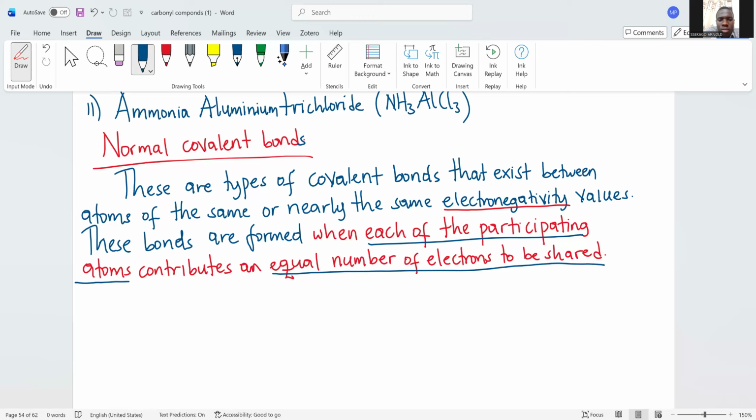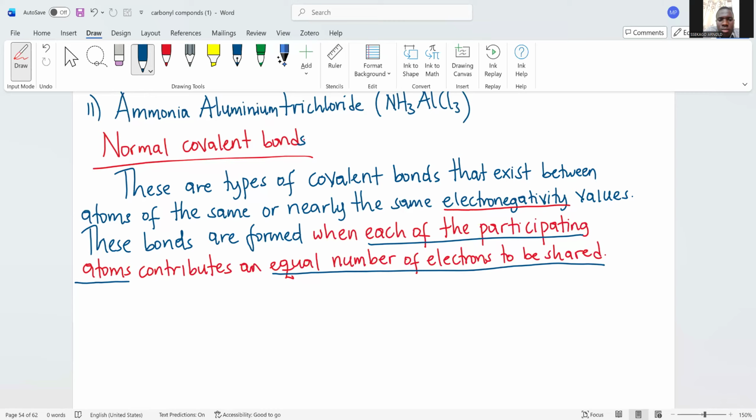That is qualifier 1. Now, what does electronegativity mean?